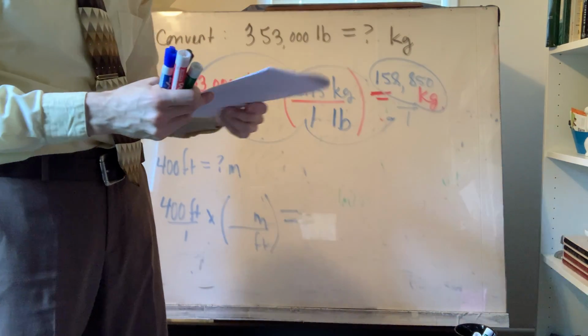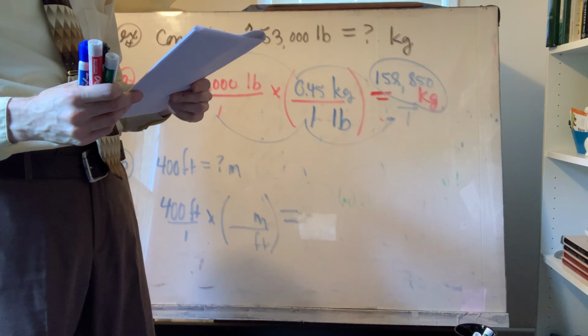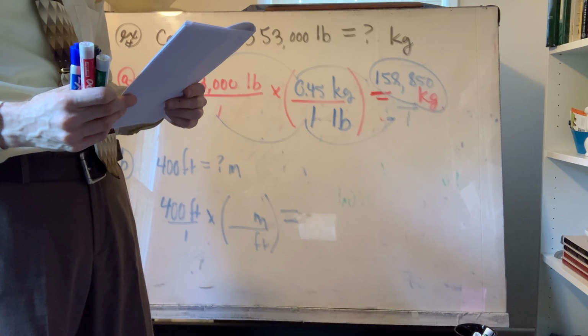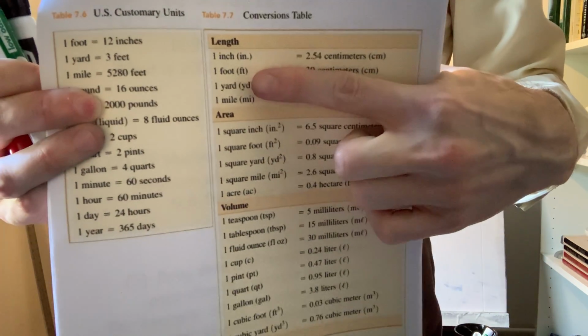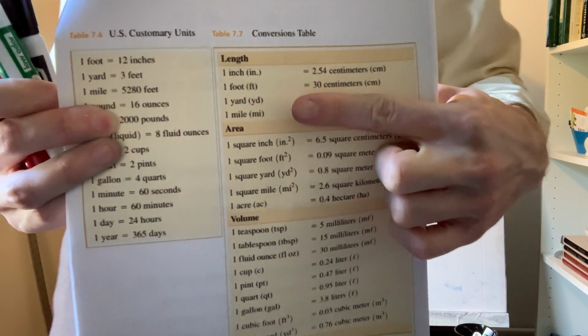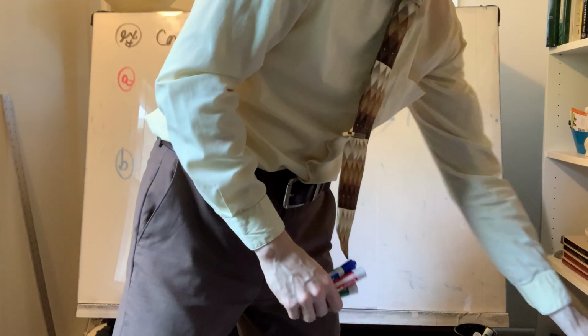Let's see. If not, we will make it in 2 steps. Nope, we don't have a direct one. So what can we do? What we do have from our choices is that 1 foot is 30 centimeters, and then we'll just convert 30 centimeters into meters.